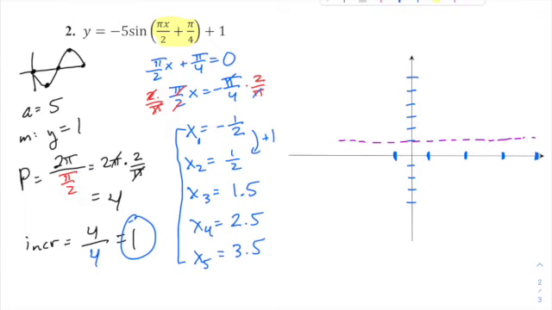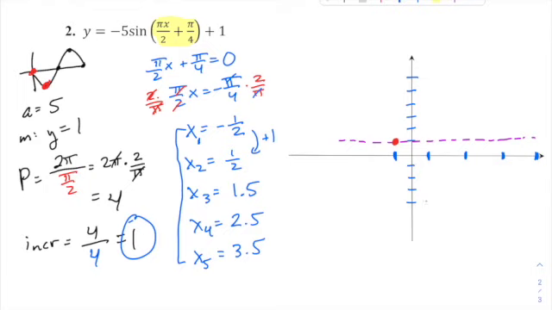But with the sine graph, remember the first point is right on the midline. So at negative 1/2, my point is going to be right on the midline. So negative 1/2, comma 1. At my second key point of 1/2, I'm going to be at my minimum with the negative sine cycle.